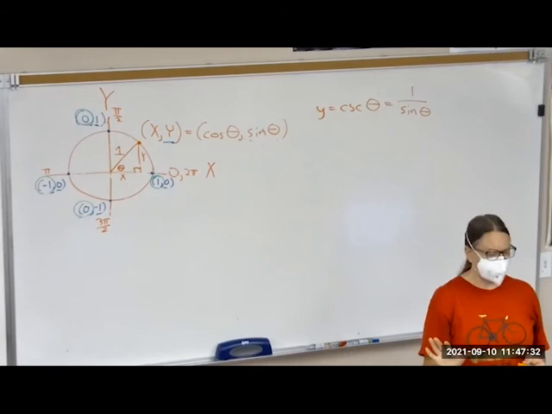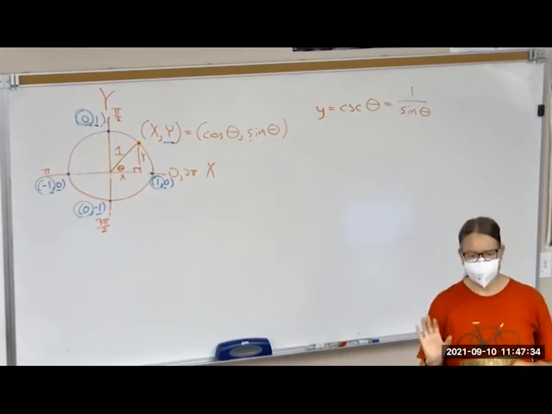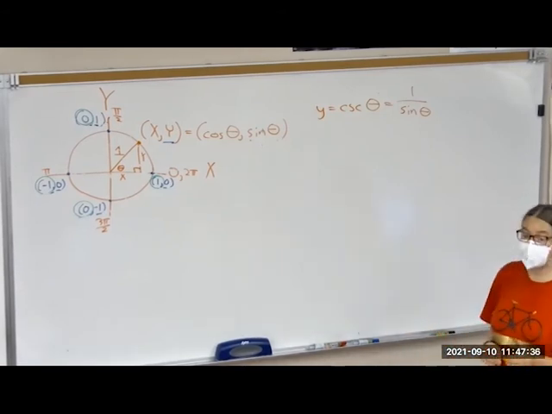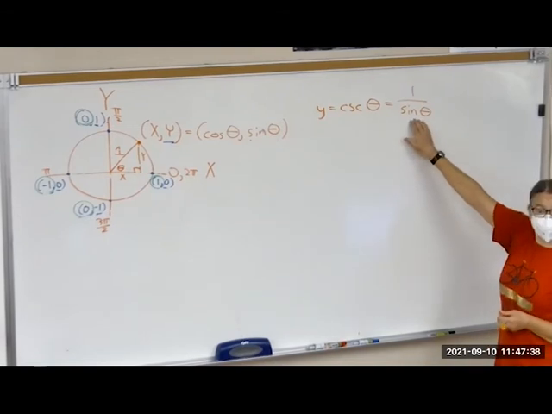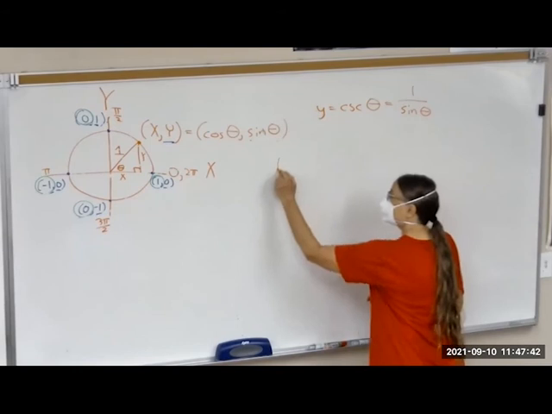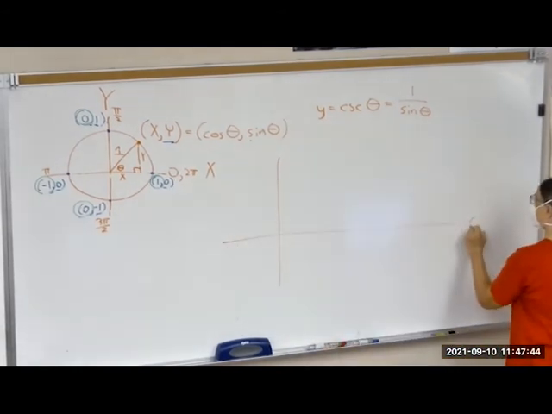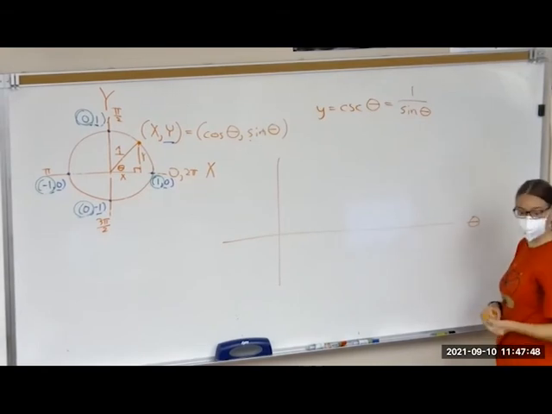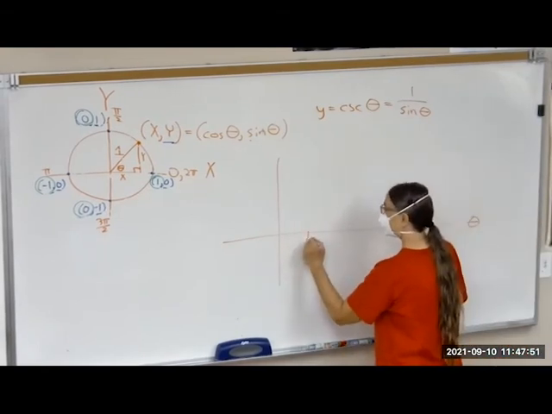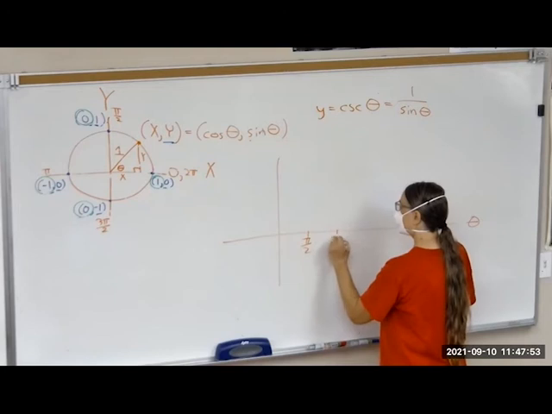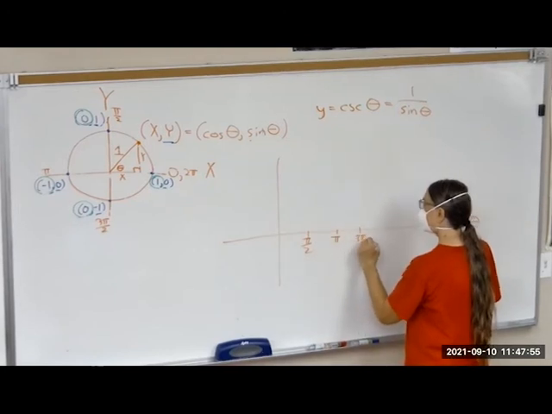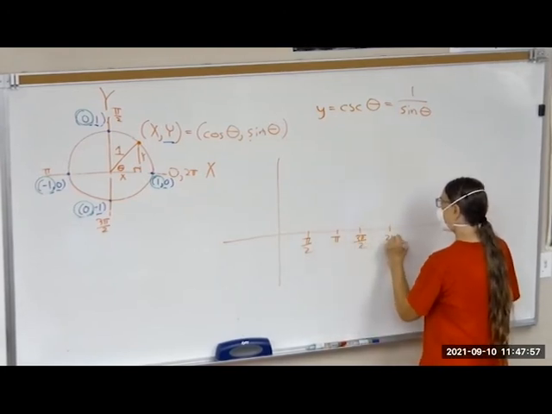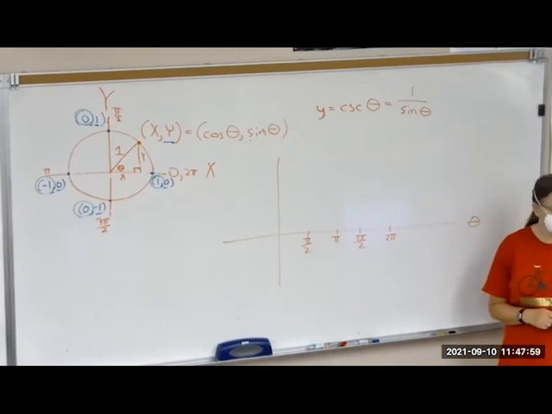But usually, what I do to graph secant or cosecant is I start with the function that it's the reciprocal of. So on my theta axis, I'm going to just go through 1 revolution around the unit circle. So 0, pi over 2, pi, 3 pi over 2, and 2 pi.